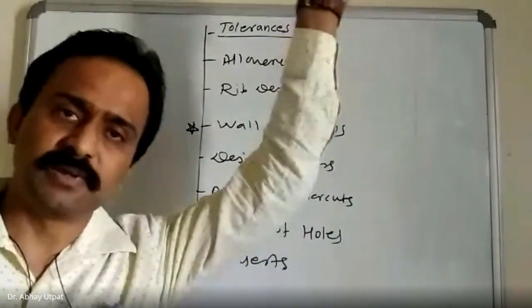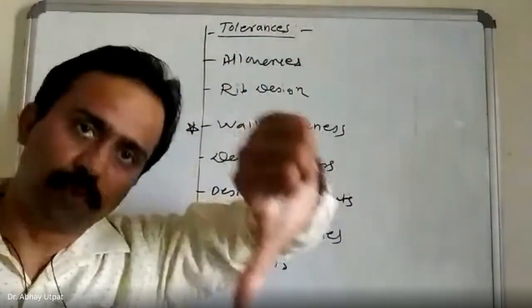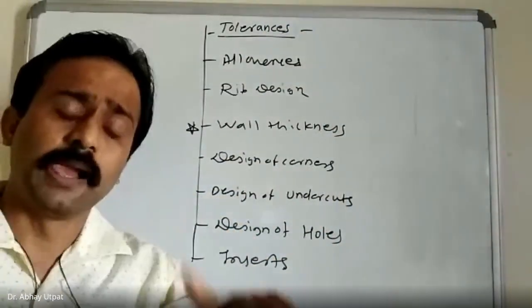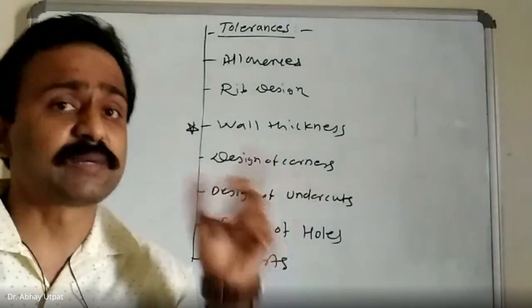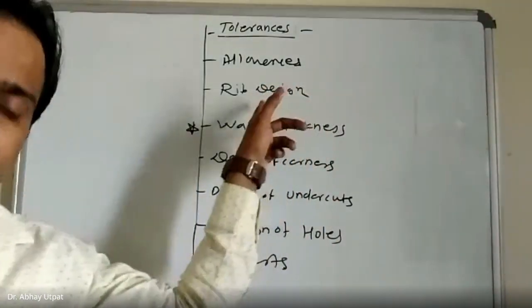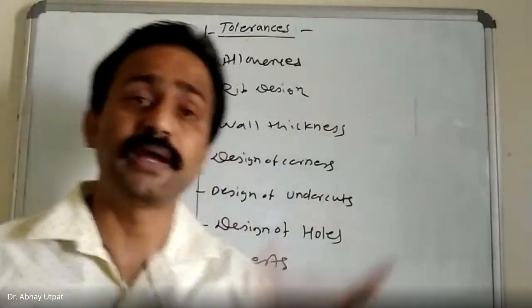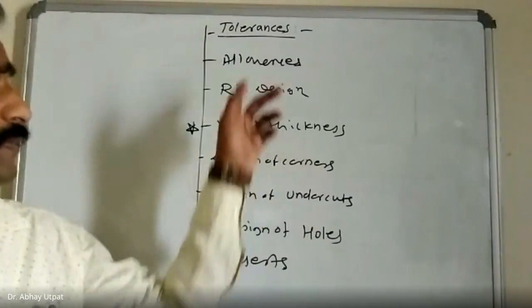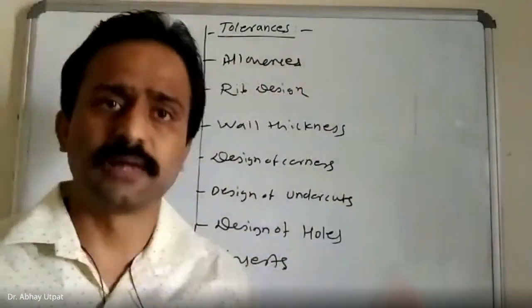The same concept applied in the casting process, where molten metal, alloys or metal, was poured. As there was a concept of allowances there, the same concept of allowances is also here, as you produce the part by plasticizing or melting the plastic. So this aspect will be covered in allowances.